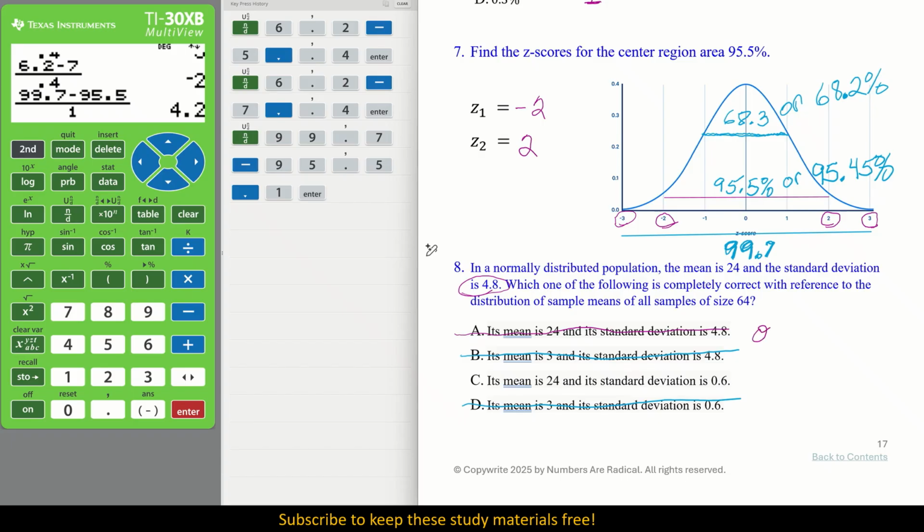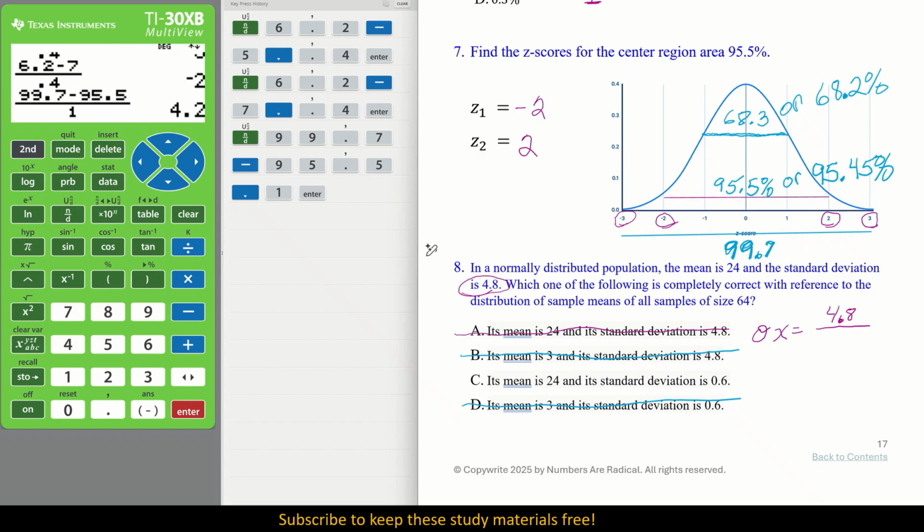So your sample deviation is going to equal your S, which is 4.8, because we're talking about a sample situation. So you're going to put, or not your S, your standard deviation from your population.